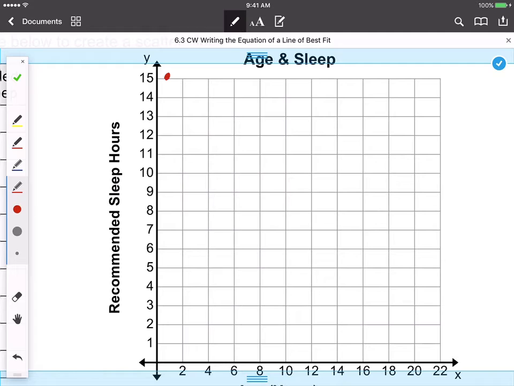There we go. And 2, 14.5. 3, 13. 4, 12.5.